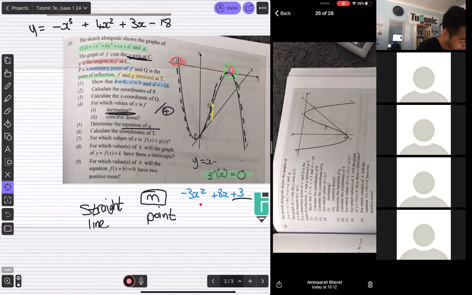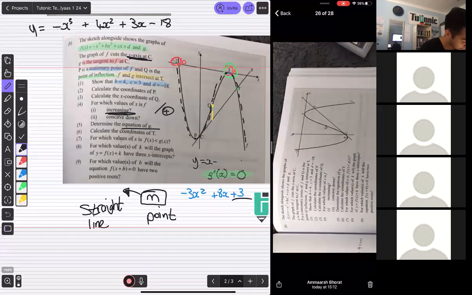If I find the derivative and I sub in x to be naught, what am I left with? I'm left with 3. So therefore the gradient of the graph at C, at the y-axis, is 3. Do you guys see that? Yeah.